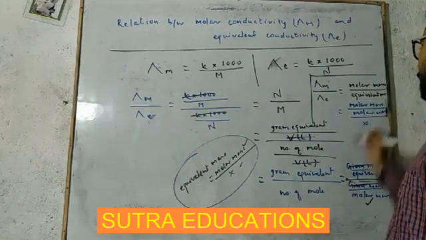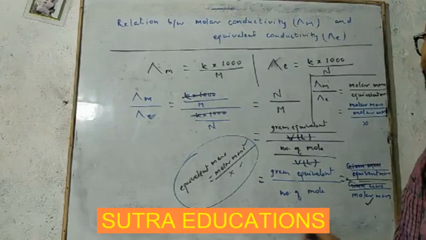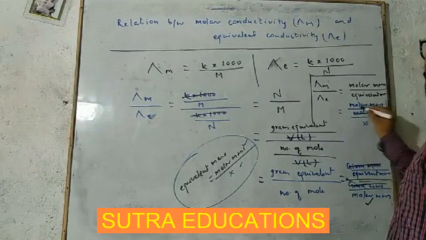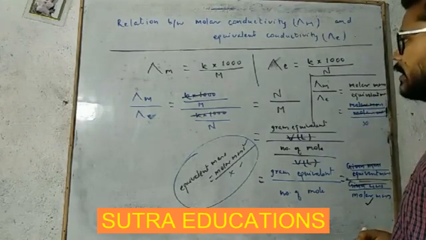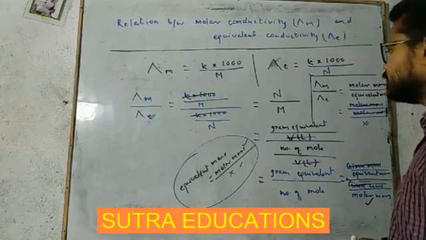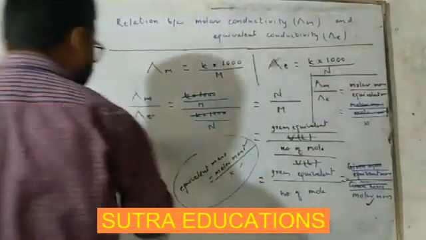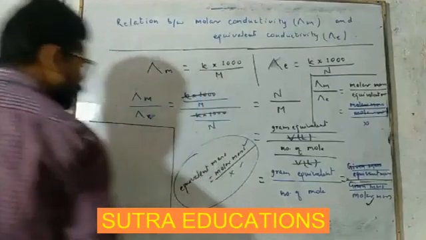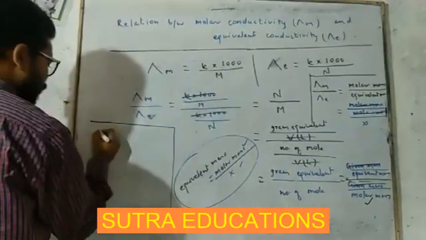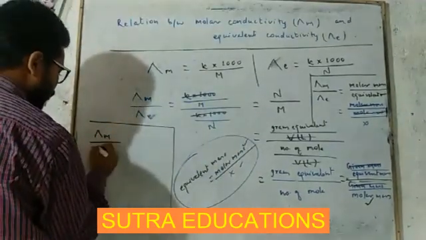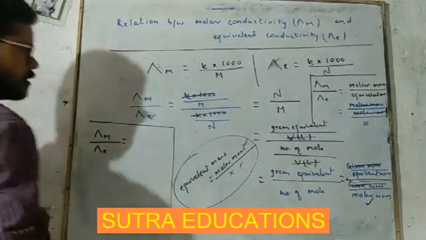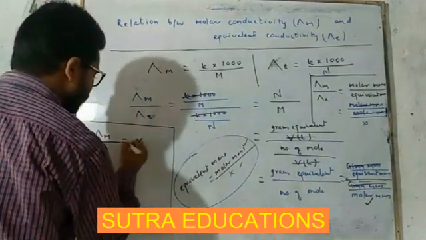Again molar mass will be cancelled out. So finally we will be left with molar conductivity upon equivalent conductivity is equal to x.